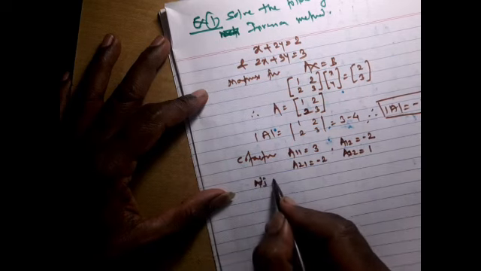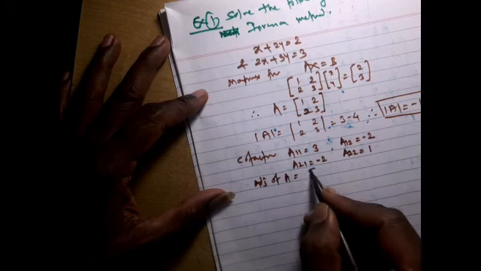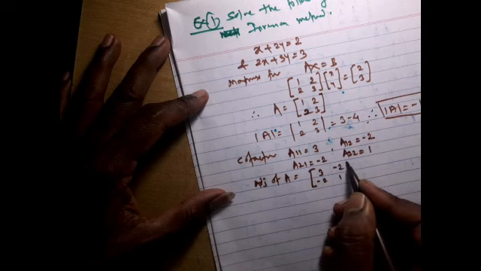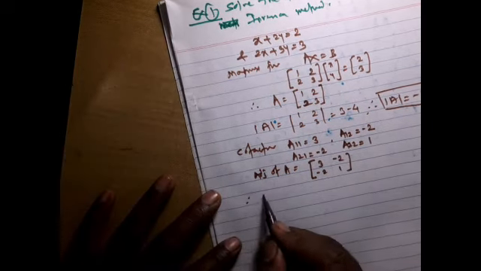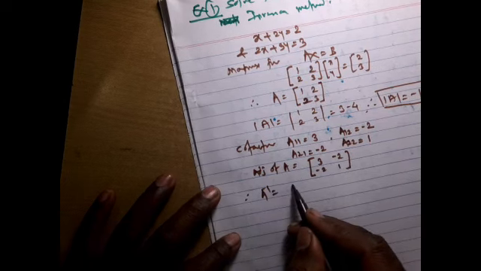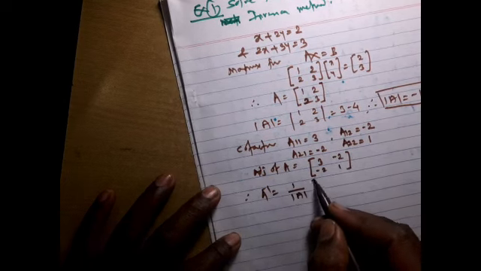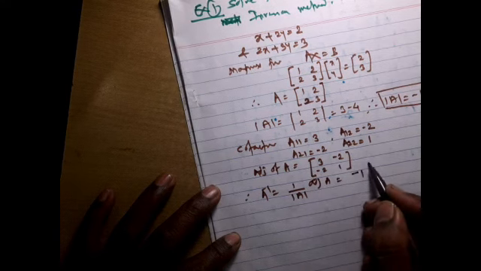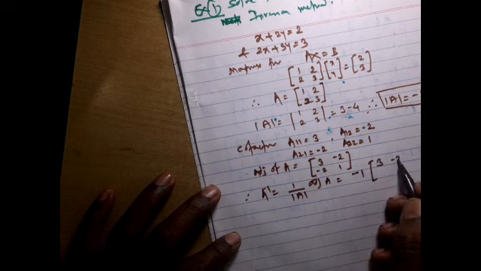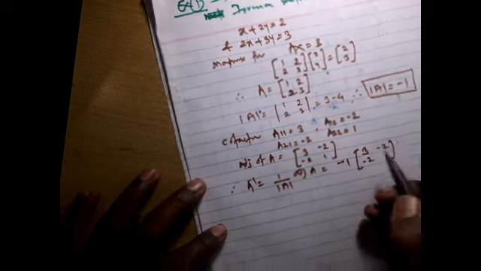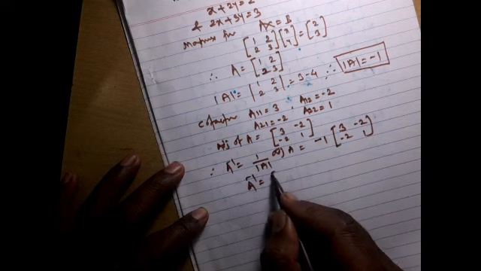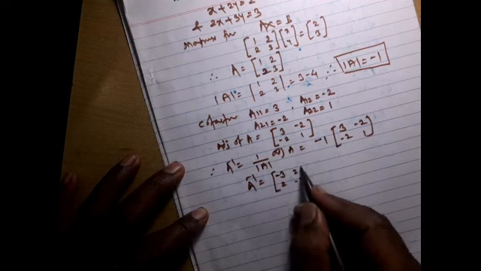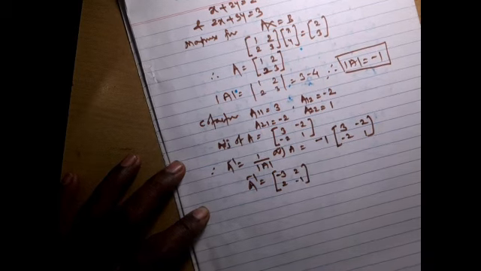Then adjoint of A is [3 -2; -2 1]. Therefore A inverse is equal to 1 upon determinant of A into adjoint of A, that is minus 1 into [3 -2; -2 1]. So it is nothing but [-3 2; 2 -1].